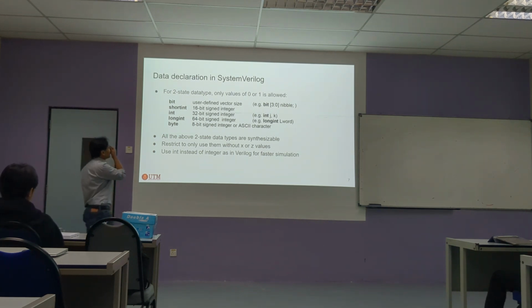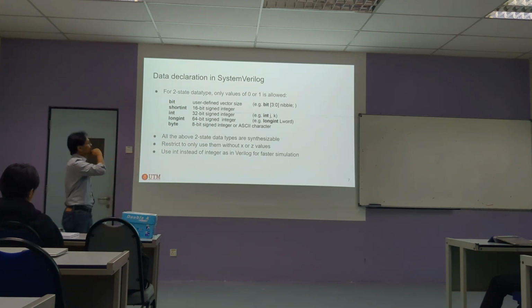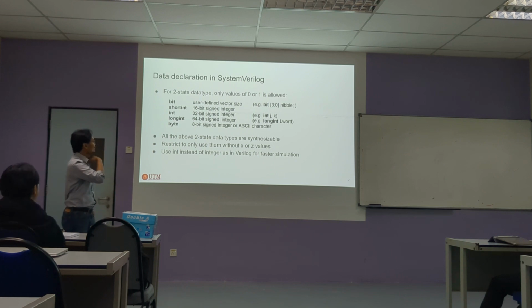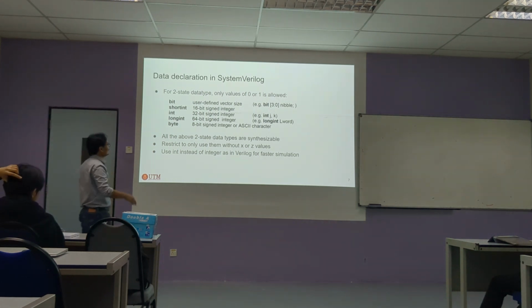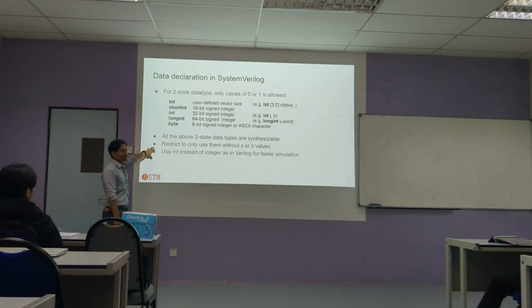Other than that, you can also use bit, a user-defined vector size, which takes only 0 and 1. Shortint means 16-bit, longint means 64-bit, and byte is 8-bit signed. They are all synthesizable, restricted to values without X and Z.